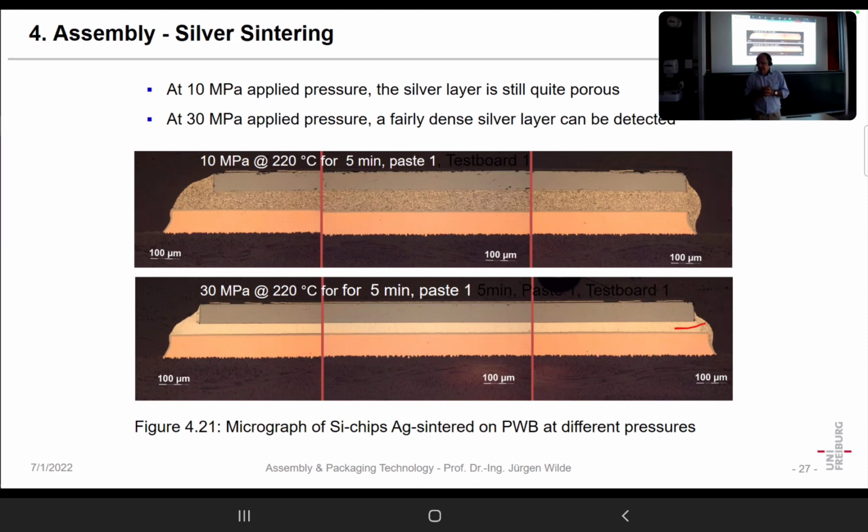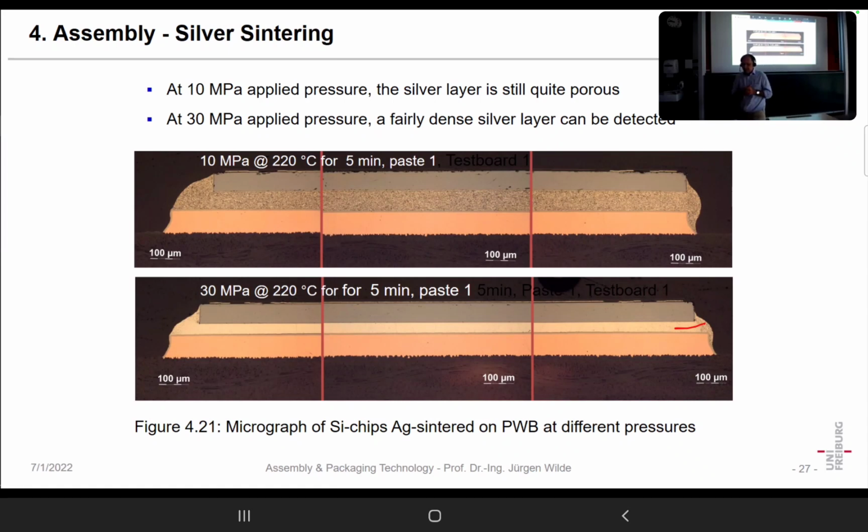And so in the meantime, they have sintering pastes, which are very fine powder, micro powder, or even nano powder, and certain chemistry. And in that way, they are able to accomplish that sintering process in a temperature range, let's say between 200 and 250 nowadays. So just a rule of thumb.